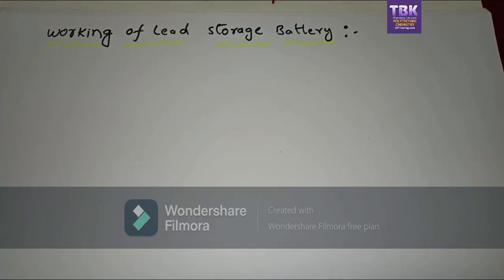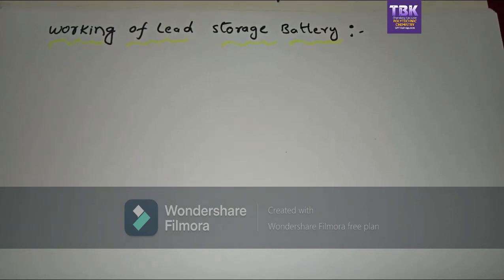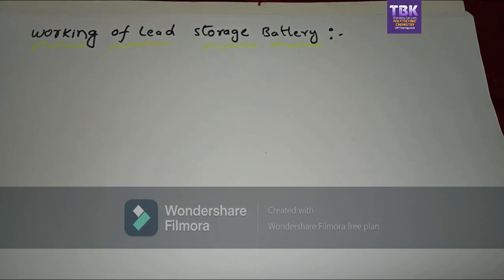Okay, we discuss the working of the lead storage battery.